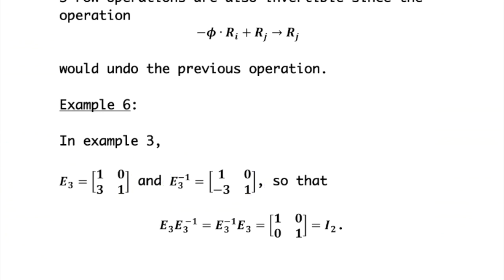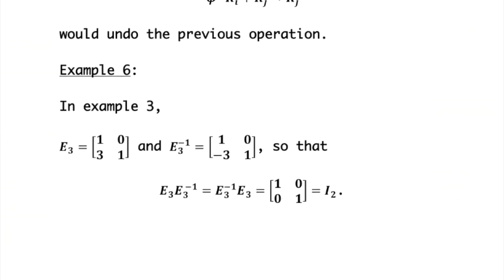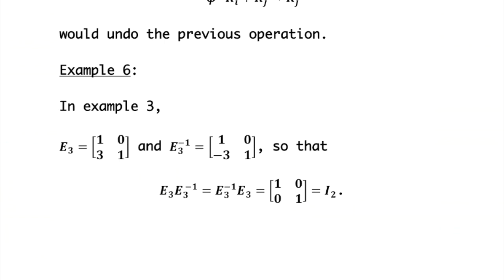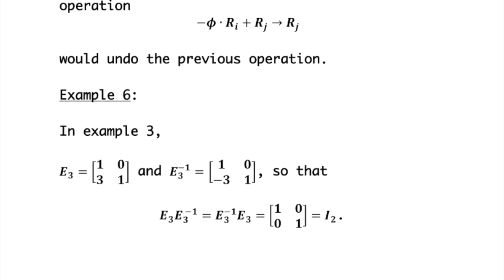So that would be equivalent to adding negative 3 times the first row to the second row, and that should actually cancel out the first operation. So if you actually multiply these two matrices together, as you see, you'll end up with [1, 0; 0, 1], the 2 by 2 identity, proving that in fact these are multiplicative inverses.